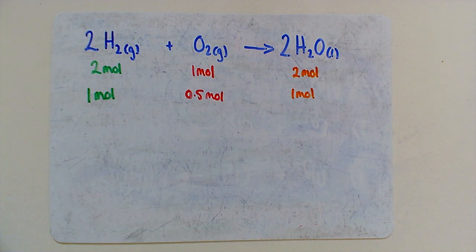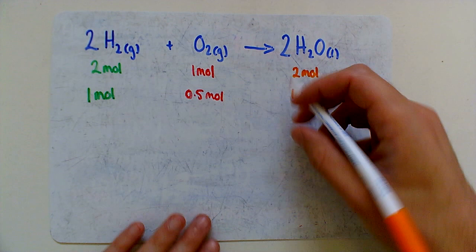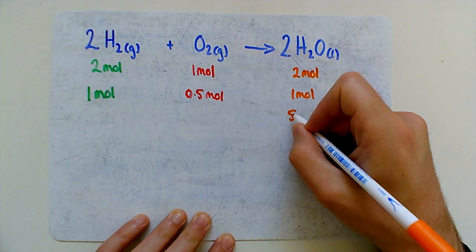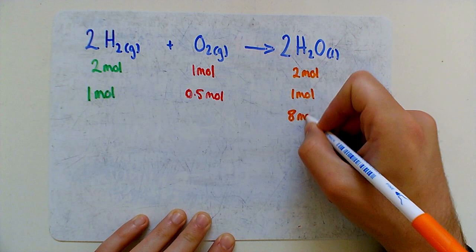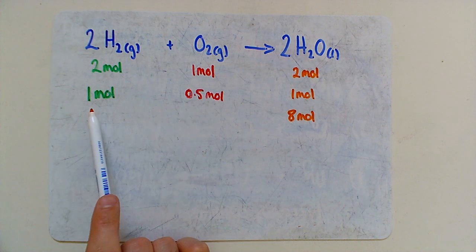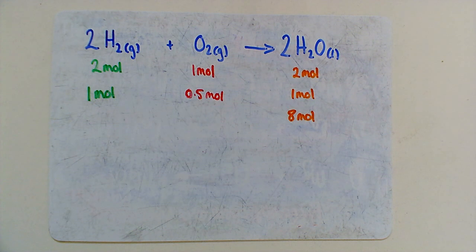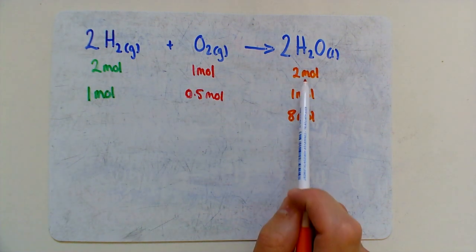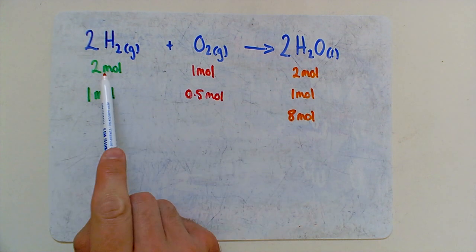Now, what if this time, in our chemical reaction, we want to make 8 moles of water? How many moles of hydrogen and how many moles of oxygen are we going to need in order to do that? Well, for every 2 moles of hydrogen, we get 2 moles of water.